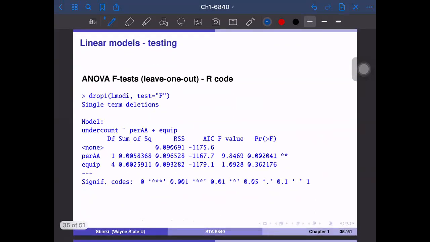So next one is also an F-test, but this is the leave-one-out F-test.